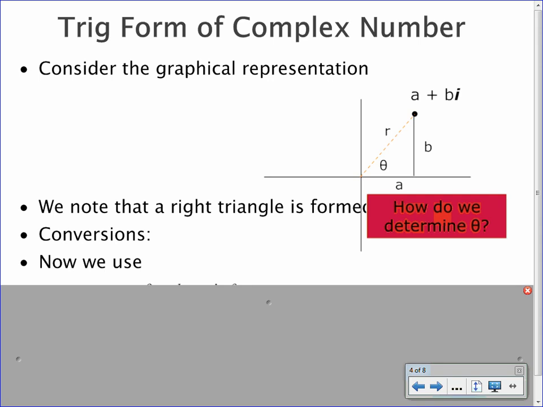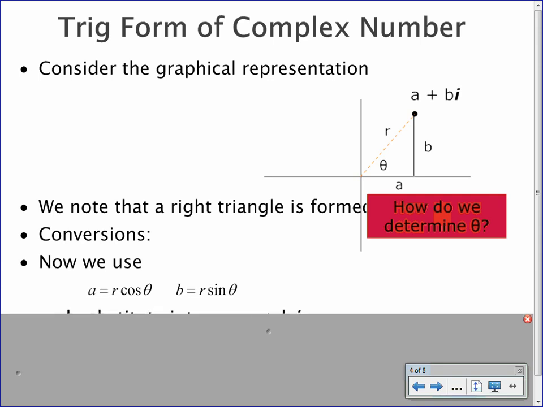Do you agree that a is the same thing as r cosine of theta? Right? Because the cosine of theta would be adjacent over hypotenuse. And you agree that b is r sine of theta, because the sine of theta would be opposite over hypotenuse. What does r represent in this picture?